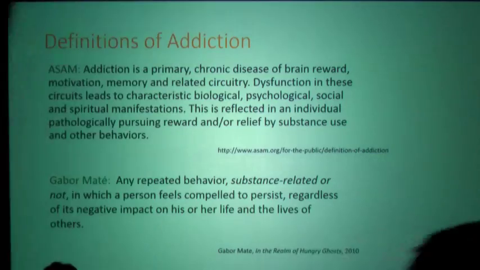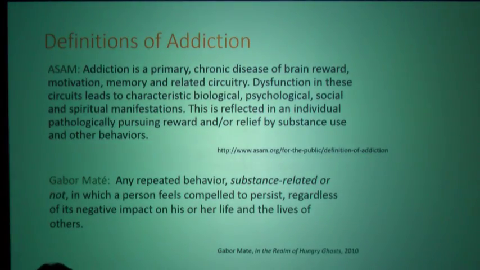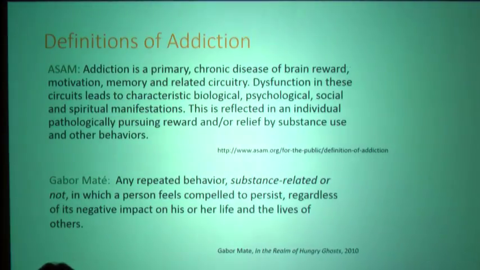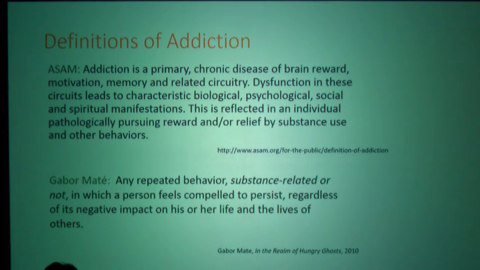Okay, so some of this may be review, since we wanted to give you kind of addiction 101, but for some of you you might be at a 201, 301 level. What are the definition and diagnostic criteria for addiction? Well, the top there is what ASAM, the American Society of Addiction Medicine, gives as the definition. And it's fairly biologically driven.